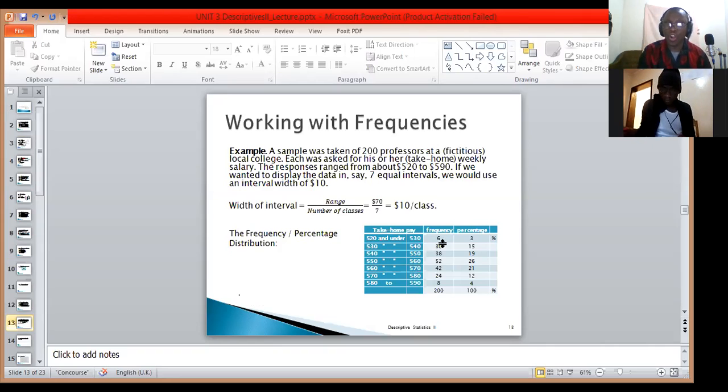So we put the column of the frequency there. When we add the total frequency, it should give us the total sample size. So that's how we can prove that our frequency is correct. When we add them, they should give us 200, which was our sample size.